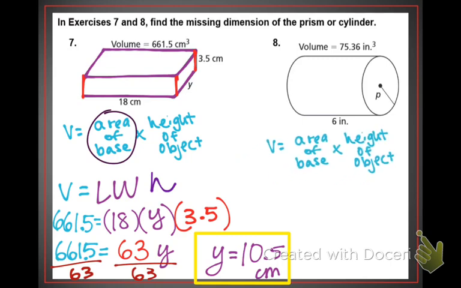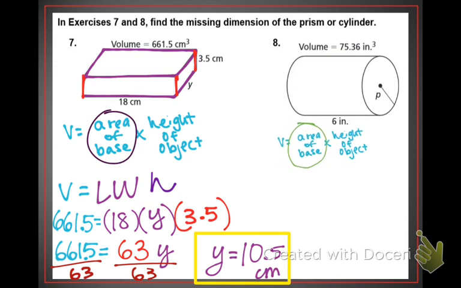All right, last one of these. We're going to do the cylinder again. Volume equals area of the base times the height of the object. So what is the area of the base formula here? Jamari, what are we going to plug in for the area of the base? No. What is the formula? What is the shape of the base in this picture?